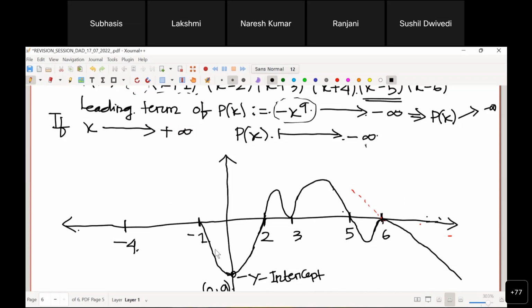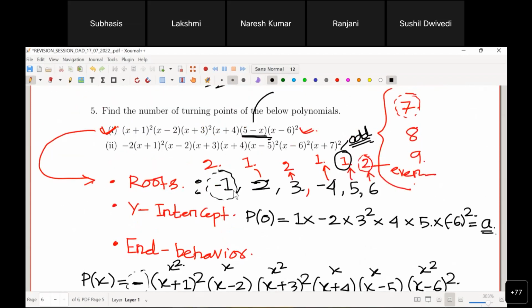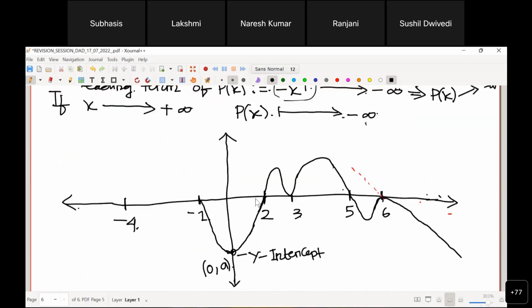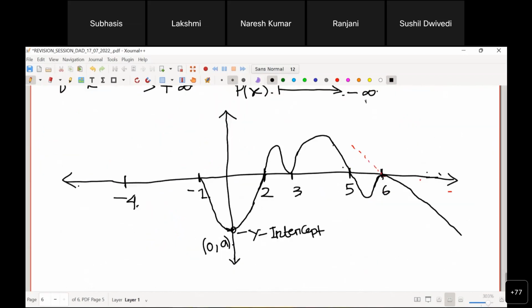We have to check the multiplicity of minus 1, and as you can see, the multiplicity of minus 1 is 2, which is even. That means it will not cross the x-axis, it will bounce back. So it will go like this and bounce back, and once it bounces back, it will go towards minus 4.